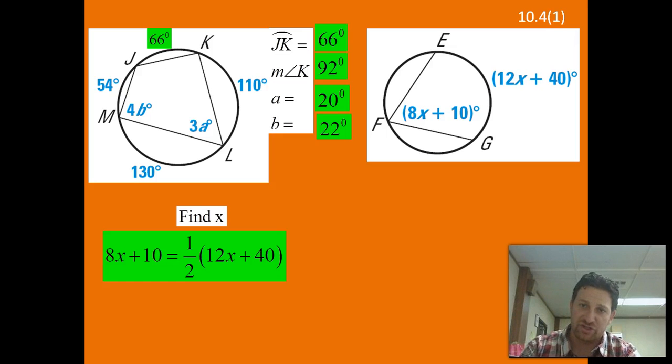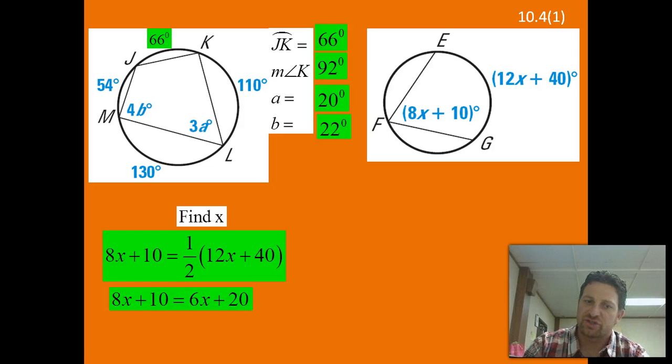Another way you could do this is to go 2 times 8x plus 10 equals 12x plus 40. It doesn't matter. They're equivalent equations. So all I got to do now is take half of 12x plus 40, which gives me 6x plus 20. And then I just subtract the 6x over and subtract the 10 to the other side, so I get 2x equals 10, and then divide by 2, and x equals 5.